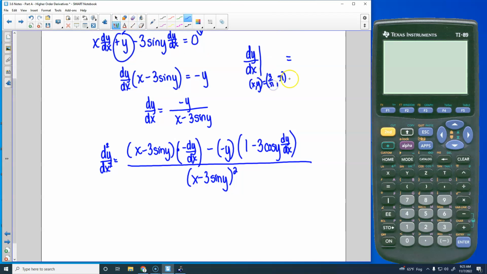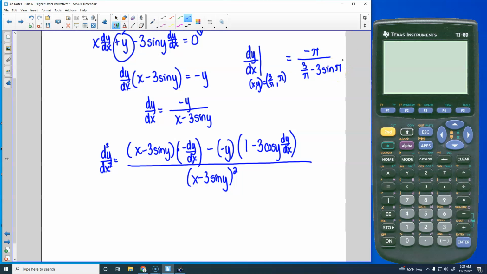So our first derivative, which is this, we're going to have negative y, so negative pi over x, which is 3 over pi, minus 3 sine of pi.